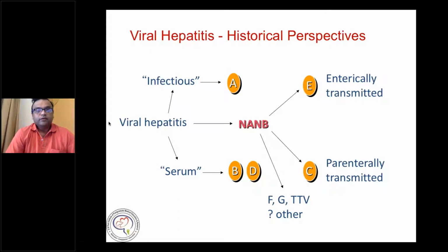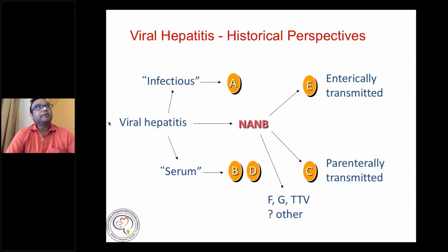If you look at viral hepatitis, it can be infectious, which is what is called fecal-enteral transmission, and it is associated with hepatitis A and E. The other one is called the serum type, which is usually hepatitis B and D. And then there is a subgroup called non-A, non-B, which is usually hepatitis C. The below part of the picture is usually transmitted parenterally.